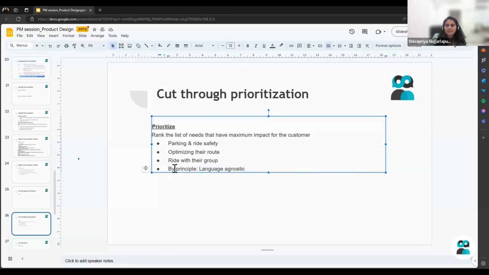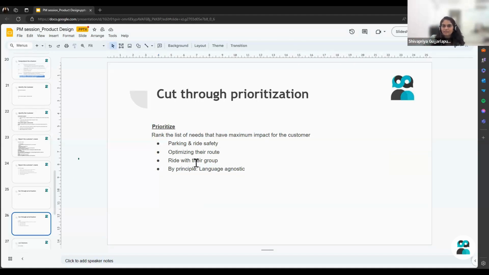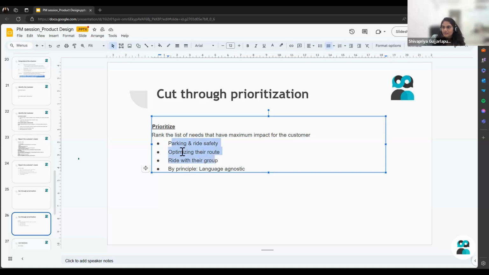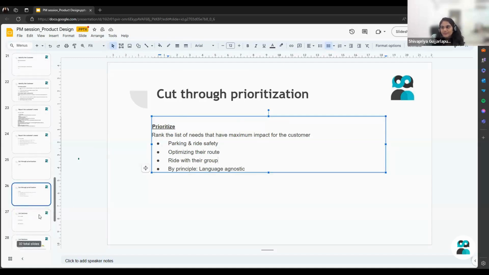Although it probably might not be solving a need in terms of navigation, I thought language is something we need to keep as a first principle while building this. And the three other things I wanted to build for are parking and safety, optimizing the route, and ride with their group, because it's a tourism related customer segment.